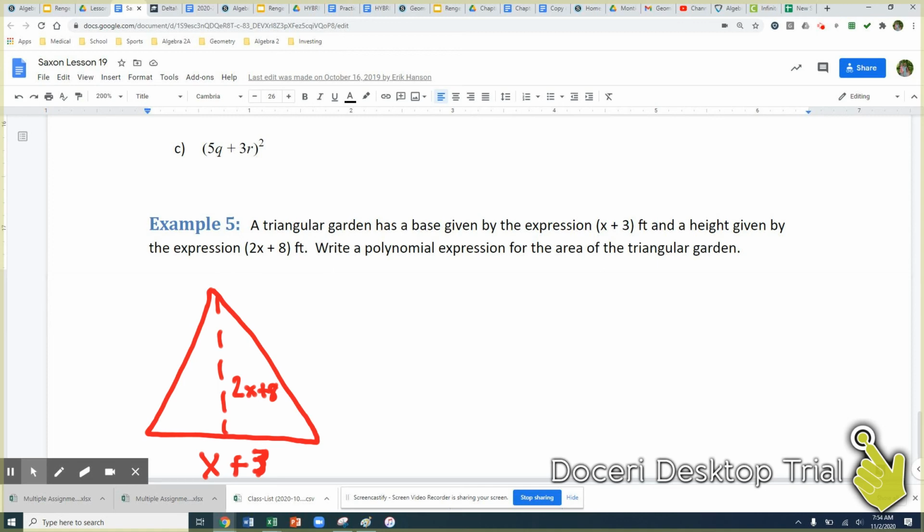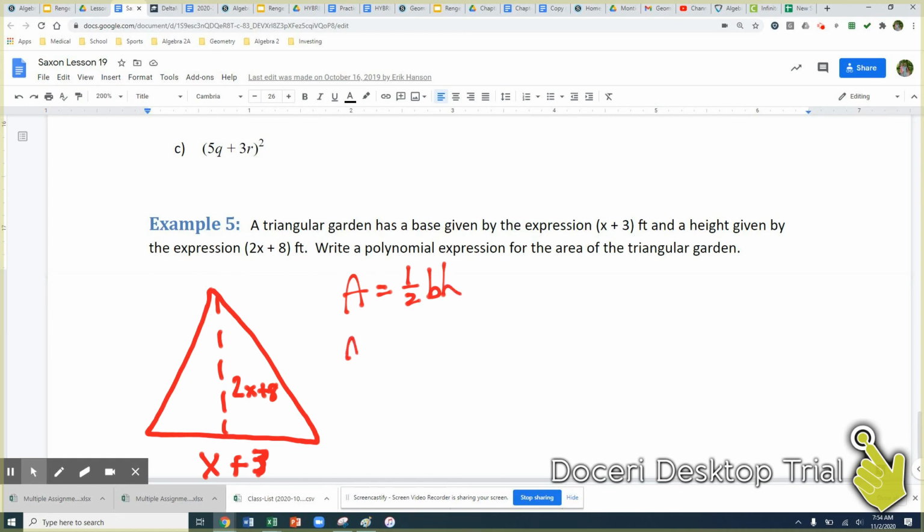So we have to talk about the area formula of a triangle. A rectangle is base times height. Whenever you're finding the area of a rectangle, you can take its width times its length, base times height. A triangle is always going to be half of whatever a rectangle is. So our formula for a triangle's area is 1/2 base times height.